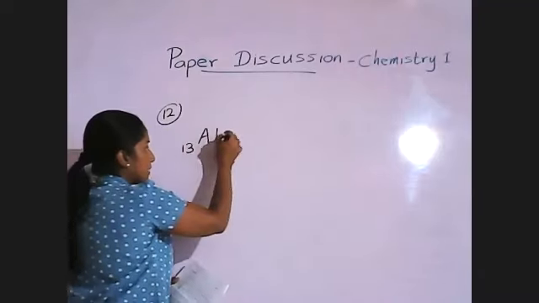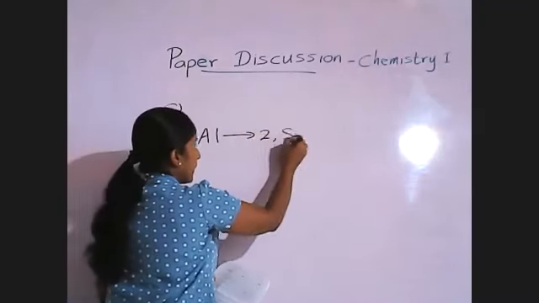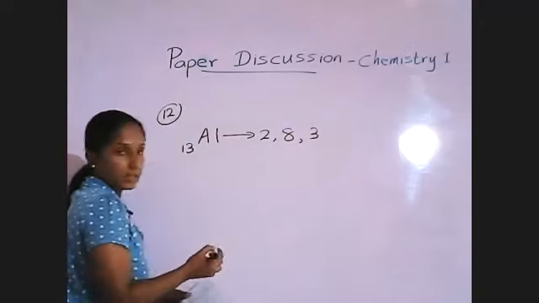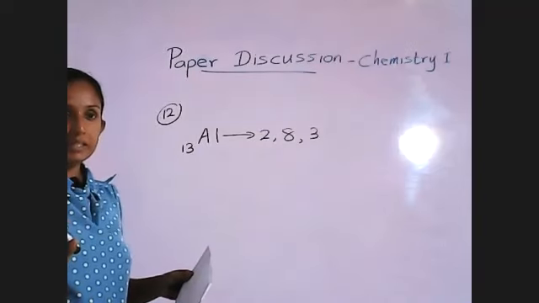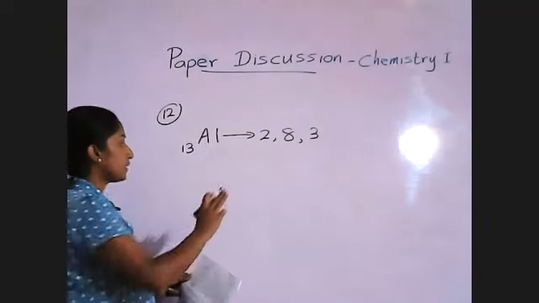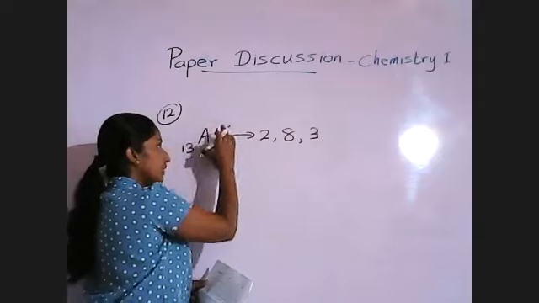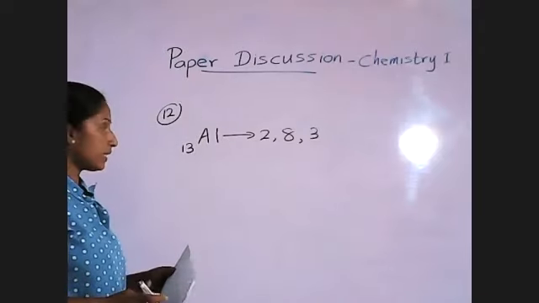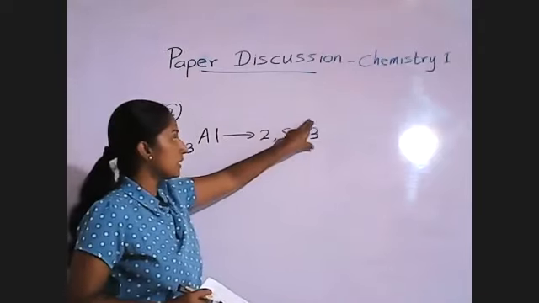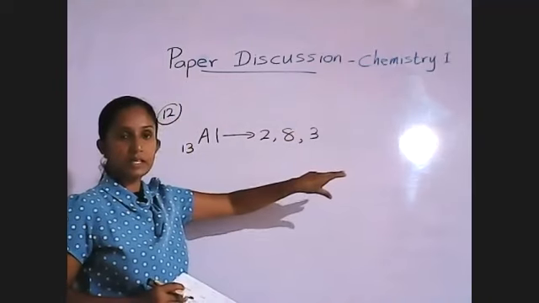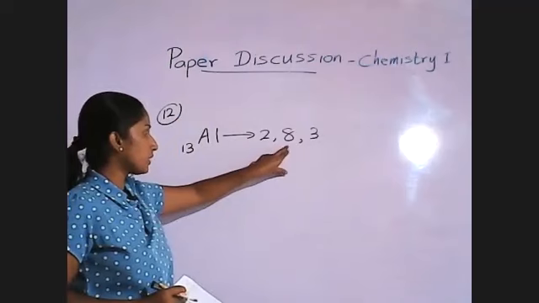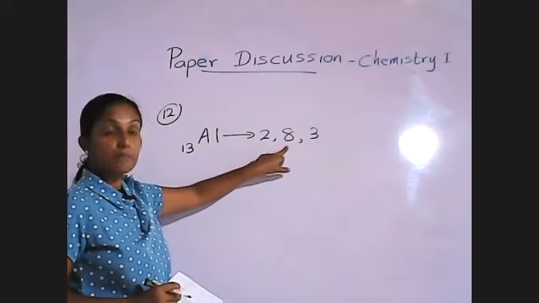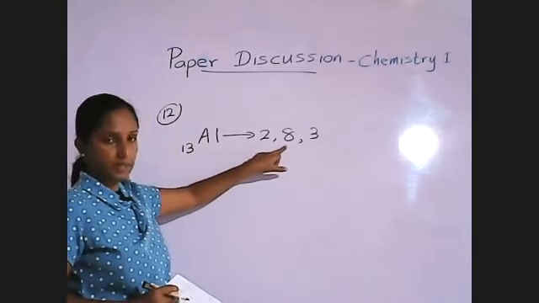Then we can write the electronic configuration, 2,8,3. Then there are how many electrons, Puti? 13 electrons, right? So, to get the stable configuration, what aluminium is doing is, they remove these 3 electrons in the last energy level. Then they get the electronic configuration of neon, 2,8.